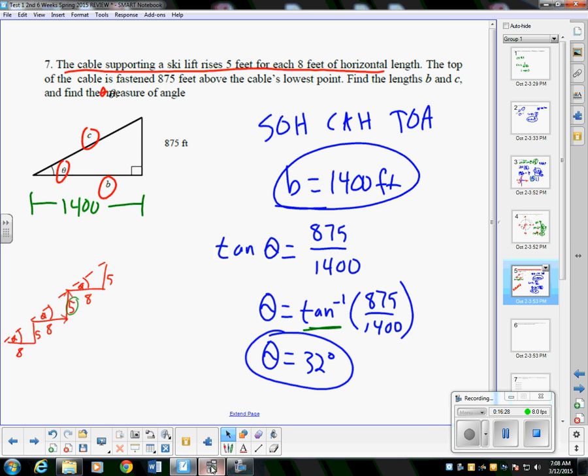So therefore, C is going to be the square root of the square of one of the sides plus the square of another side. Now, again, we could use this in pure radical form. Since we're talking about distances, we'll just go ahead and find the decimal.